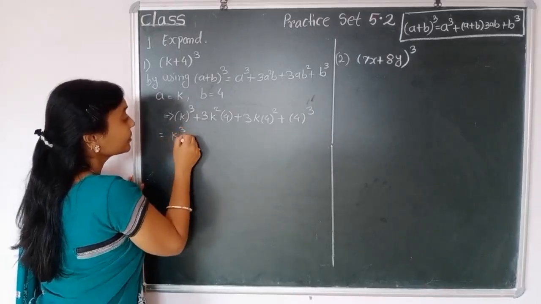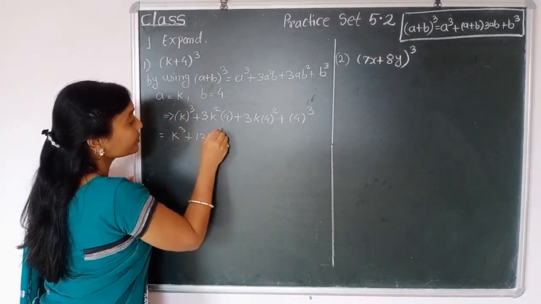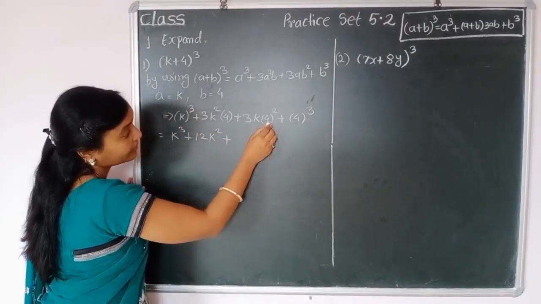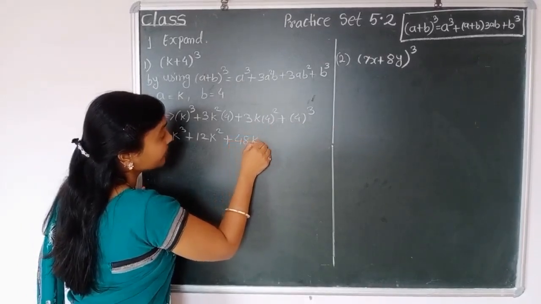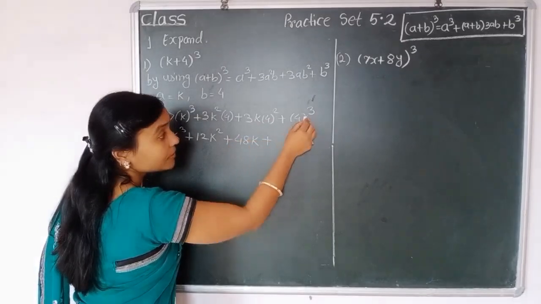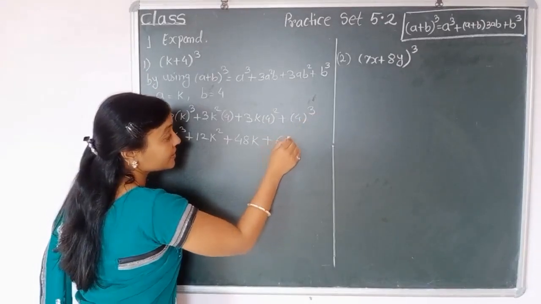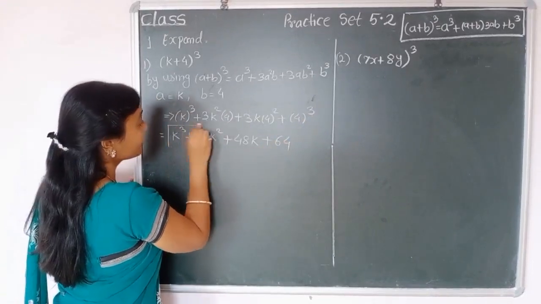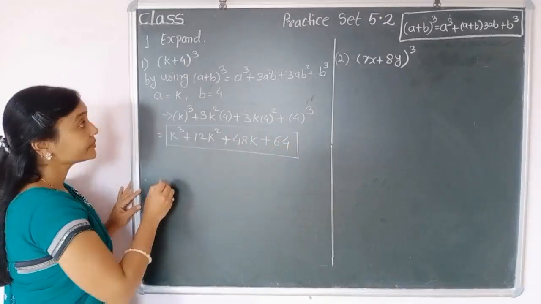K cube plus 4 3s are 12 k square plus 4 4s are 16, 16 into 3 is 48 k plus 4 cube. 4 into 4 into 4: 4 4s are 16, 16 4s are 64. This is the expansion of our given bracket.